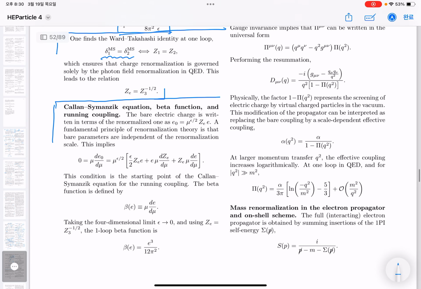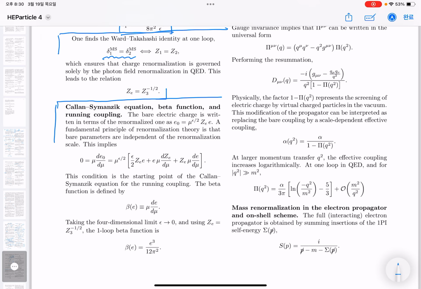We can determine the renormalization group equation by using the counter terms. The bare coupling is scale independent, so if one differentiates this bare coupling over the renormalization scale, it is equal to zero.